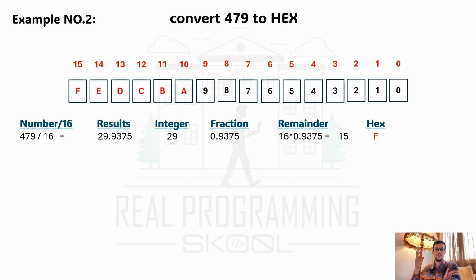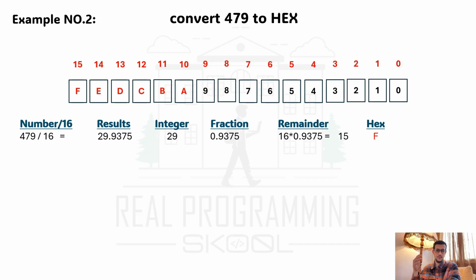The integer number is 29 and the fraction is 0.9375. We multiply it by 16: 16 multiplied by 0.9375 equals 15.